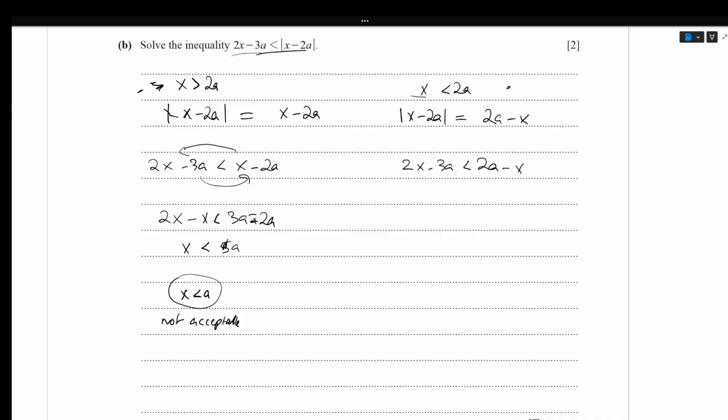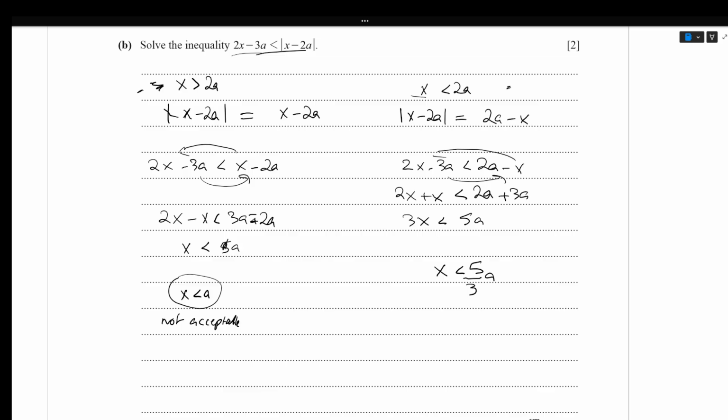And for the region x is less than 2a, our answer should be: 2x plus x is less than 2a plus 3a, and 3x is less than 5a, x less than 5 by 3a.